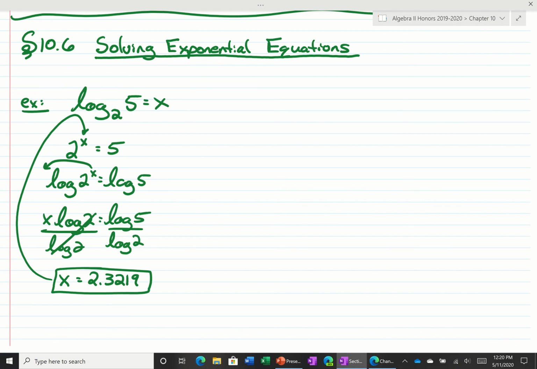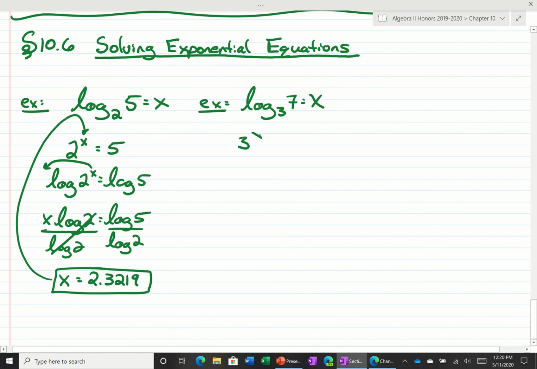Now, what if the problem was this? Log base 3 of 7 is equal to x. And we'd be going through the same steps. It'd be 3 to the x is equal to 7, take the log of both sides, bring the x down, and then divide both sides by the log of 3.